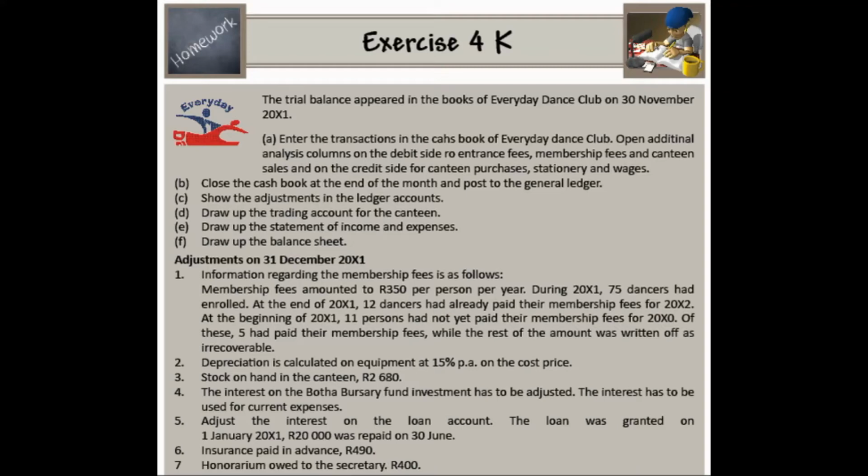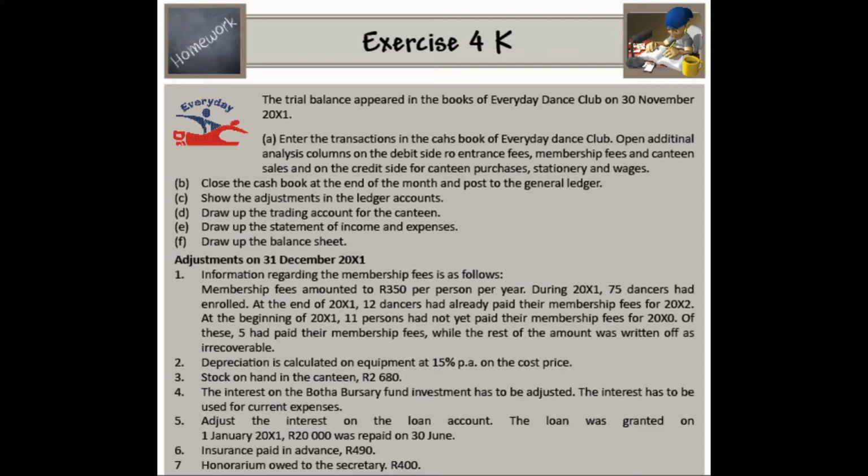Now let's just check. Have we received any interest yet? Yes, we have already received 2145. So if you open the interest account for Botha fund, you will have on the credit side 2145.